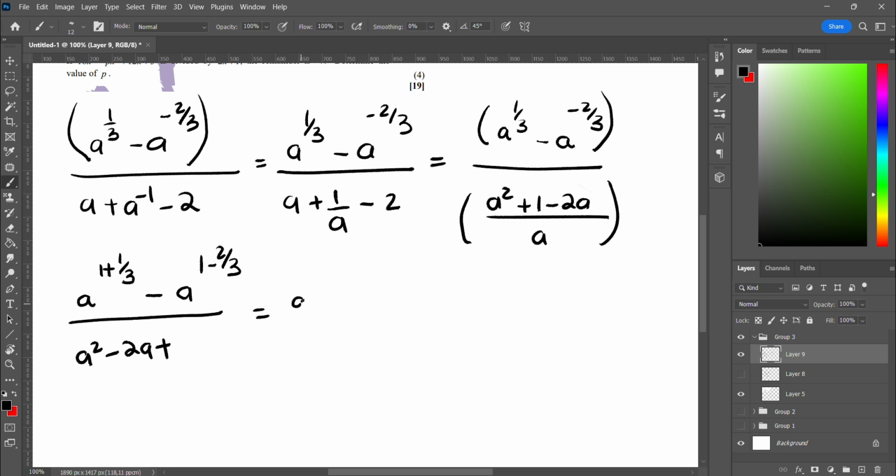This will be a 4 over 3 minus a 1 over 3 all over a squared minus 2a plus 1.